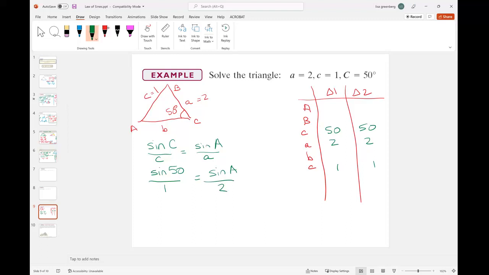And then I can say that the sine of A is equal to 2 times the sine of 50 degrees. So A is going to equal the inverse sine of 2 times the sine of 50 degrees.